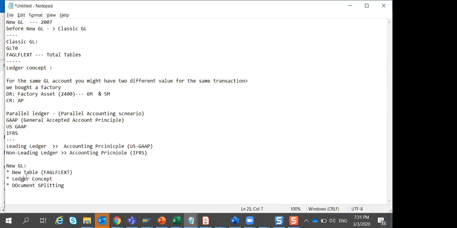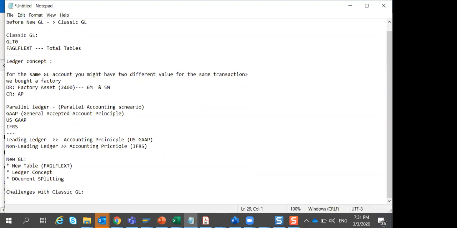What is this new table? Now I'm going to talk about the difference between classic GL and the new GL, the challenges with the classic GL.